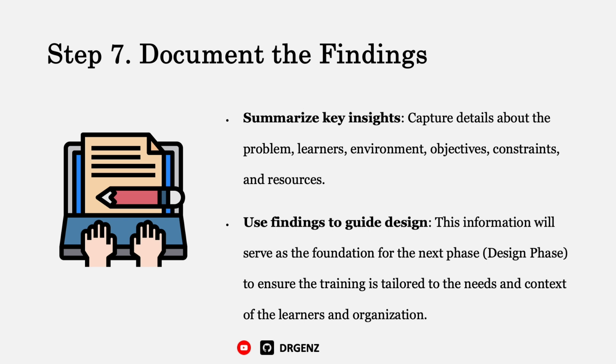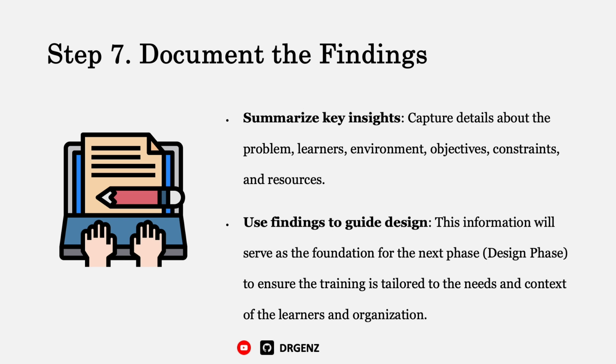We look at the objectives. Here you reiterate the measurable goals and learning objectives that the training should achieve. Look at the constraints. You identify any limitations such as budget, time, or resource availability. In resources, you note available tools, technology, and subject matter experts that will support the training development.